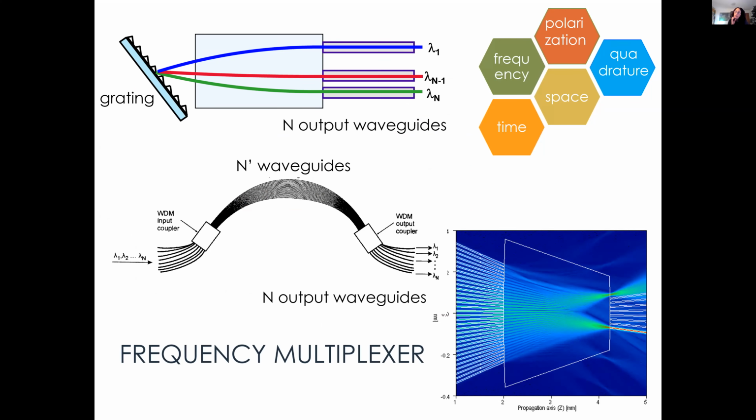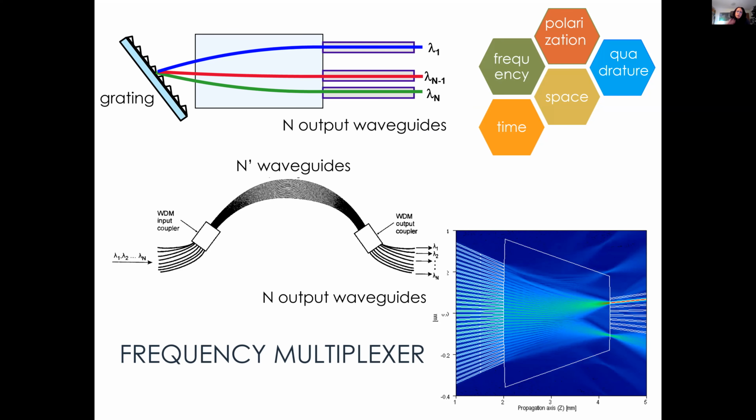So we start with the very first device that was invented in 1980, that is called the frequency multiplexer, or the multiplexer, that basically is a device that is able to separate, to split the different wavelengths in the different ports of a device, like a diffractive grating that separates the different wavelengths.